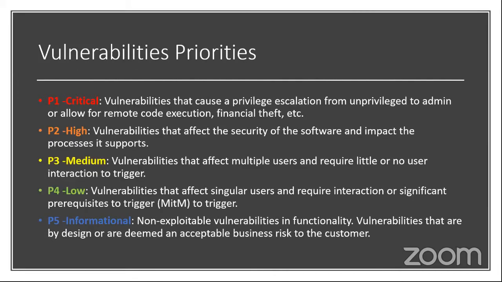Then here are the priorities. We have P1 critical, P2 high, P3 medium, P4 low, P5 informational. Critical: vulnerabilities that cause a privilege escalation from unprivileged to admin. For example, in your house, you all have keys, right?